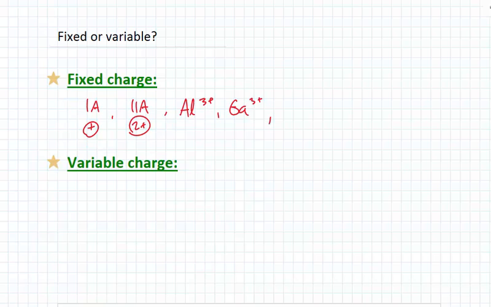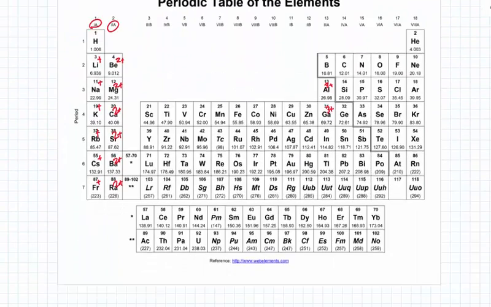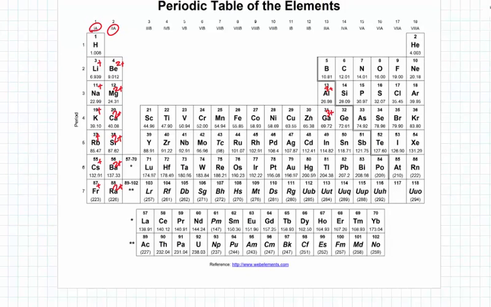And now I'm going to add on 2 more metals that have fixed charge. Turns out zinc, even though it's a transition metal, is fixed at 2+. Silver is fixed at 1+. So what I'm actually going to do here, I'm going to draw a big box around all these ones that are fixed. Over here. And then also over here.